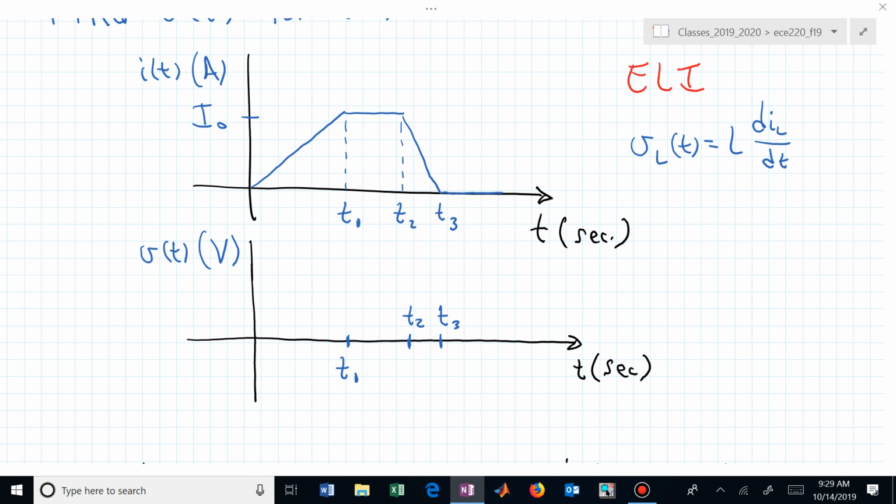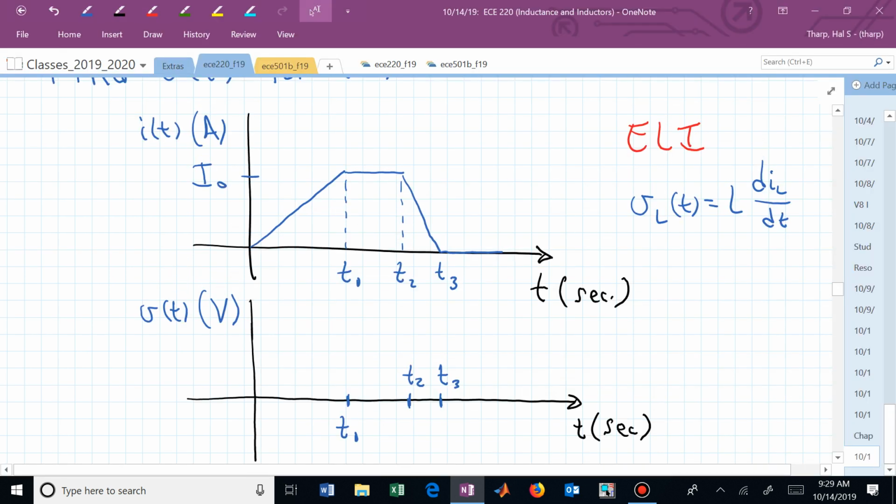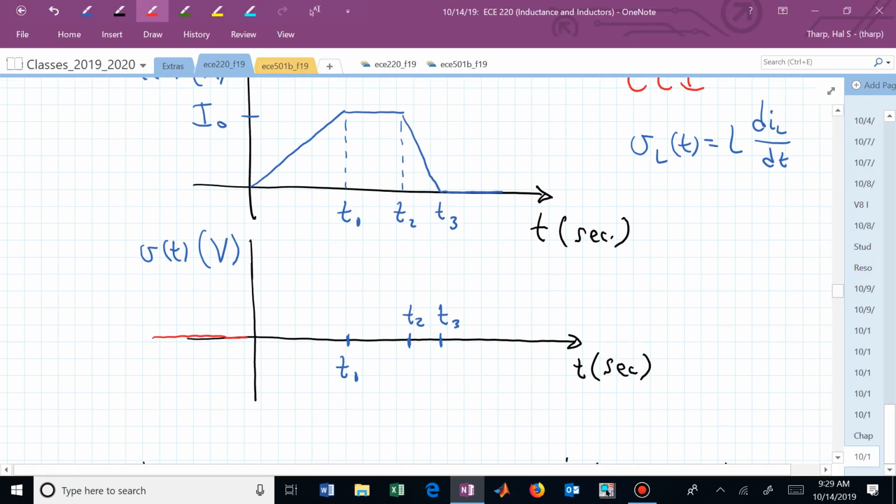You need to find, is the current varying with time? Initially, before time 0, it is not. So we could say, well, the voltage looks like this up until t equals 0.